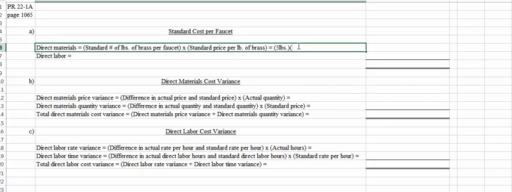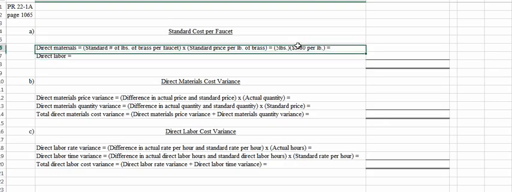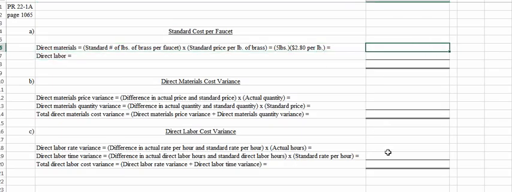I guess I thought eventually it was going to be a small x. Anyway, 5 pounds times $2.80 per pound is our cost. So we're going to put that out here, equals 5 times 280, that's 14.